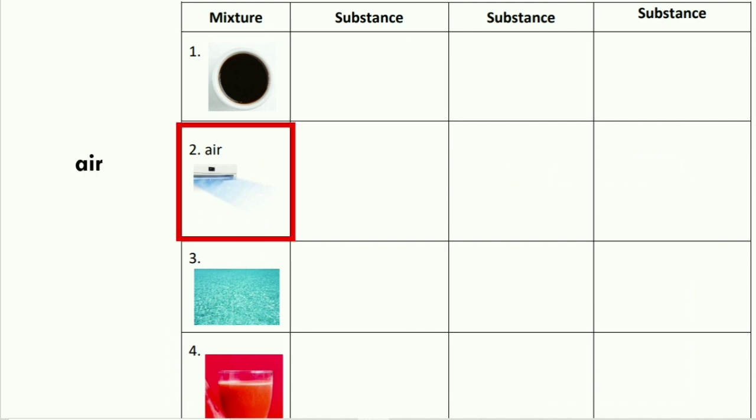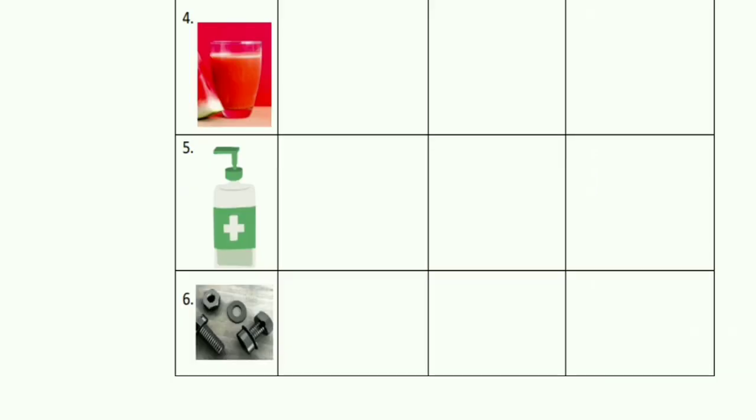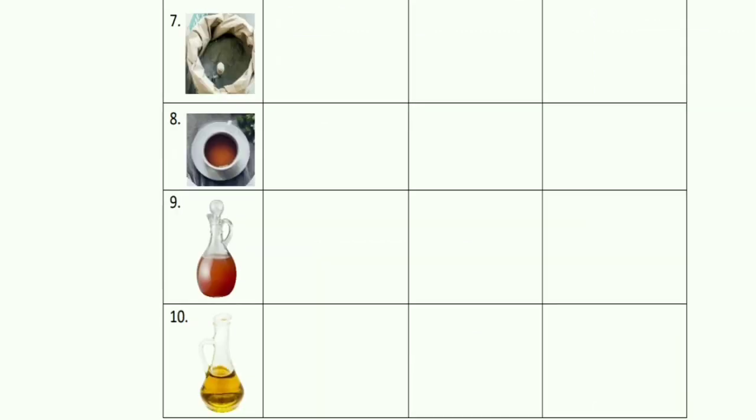Then there is the air. Third is seawater. Then we have juice. Next is alcohol. Then there is bolt nut. Cement. 8 is tea. Next is the vinegar. And lastly, we have oil.